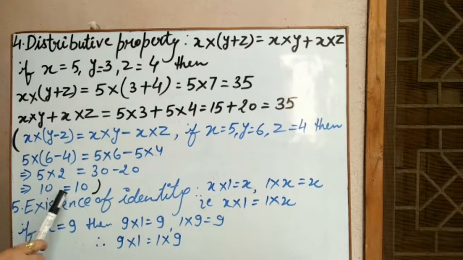We can see here both sides are equal. That's why we can say that the multiplication of whole numbers is distributive over their subtraction also.